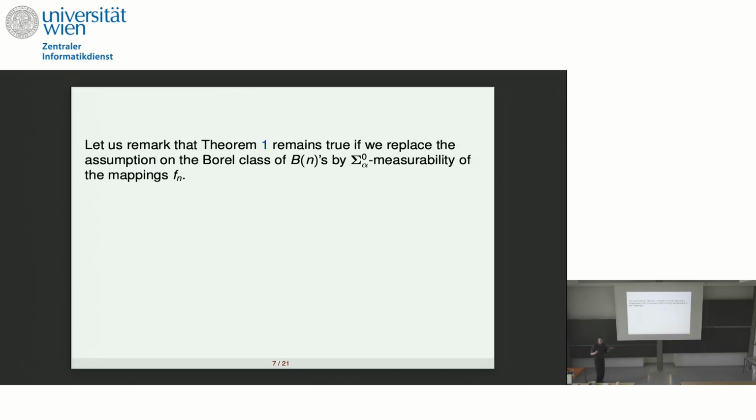So in theorem 1, we considered graphs as a subset of the product, and we considered their Borel complexity. But one can consider the corresponding mapping giving this graph and consider sigma 0 alpha measurability. And it turns out that this problem is much simpler.